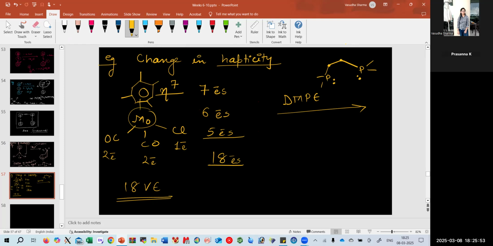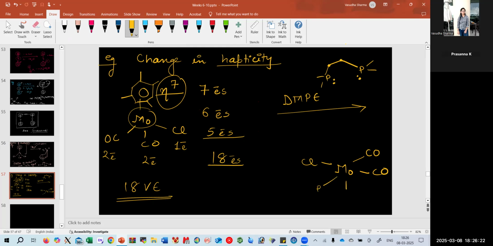So when I introduce a ligand which is giving 4 electrons, it needs to maintain the 18 valence electrons as well. So if I'm giving 4 electrons, it needs to remove 4 electrons from the original system. So where does it go? Actually it would go from eta 7 to eta 3, therefore maintaining the 18 valence electrons. So what we can expect here is a molybdenum, with Cl, CO, these ligands remaining as such.